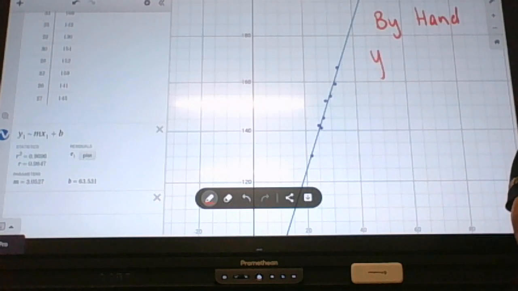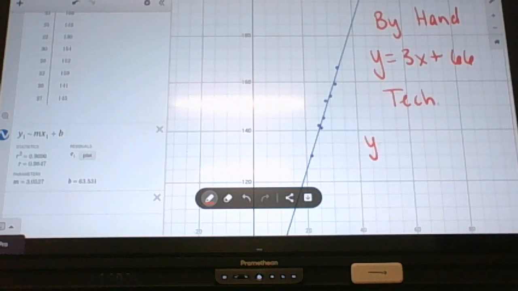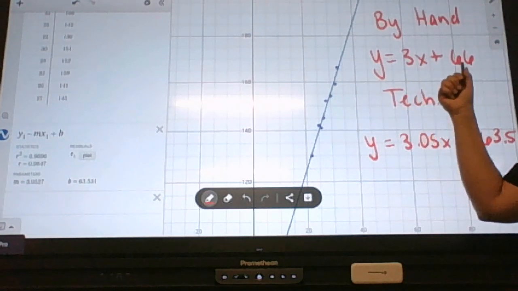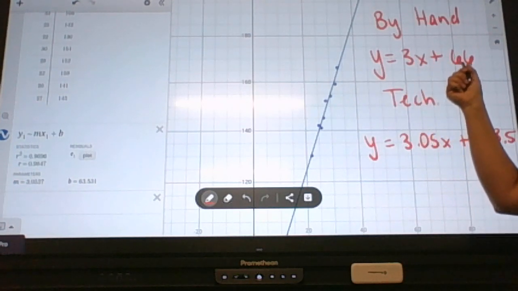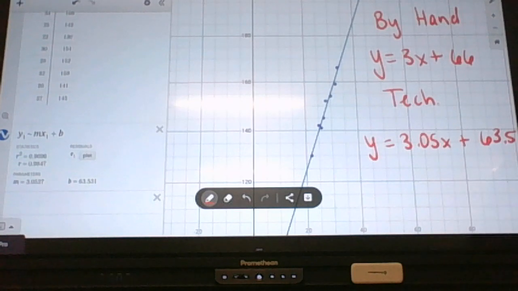By hand, I had y equals 3x plus 66. And using technology, we get y equals 3.05x plus 63.5. Pretty close. Sometimes I am way off. My slope will be much higher, my intercept will be much lower, and things like that.